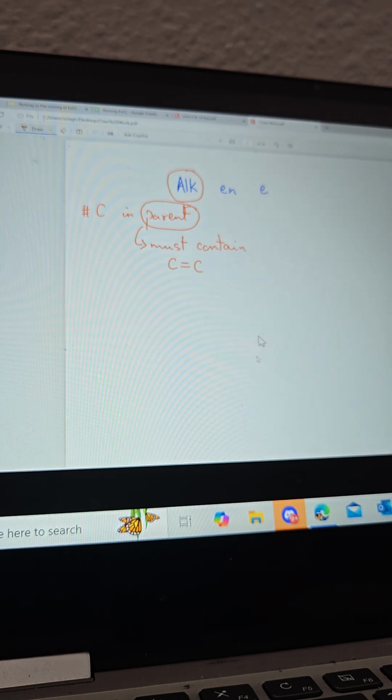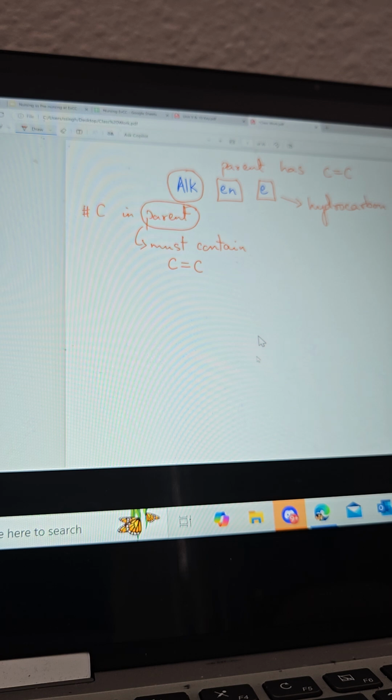If there were more than one double bond, then it must contain as many double bonds as possible, and we'll look at those examples as we go. The ene is telling us that the parent has a carbon-carbon double bond, and the e at the end is telling us there are no heteroatoms, the compound is a hydrocarbon, right?